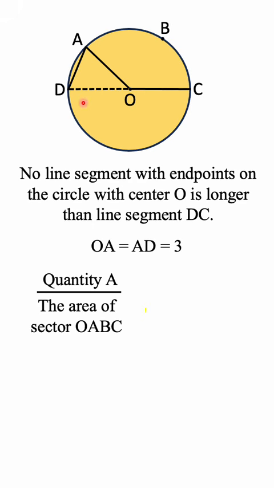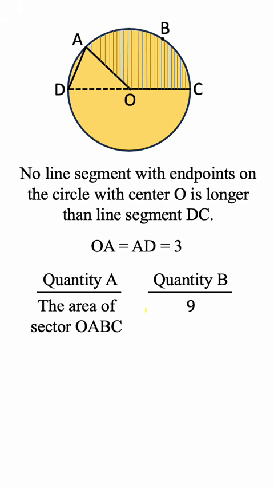Now we want to answer this question by comparing these two quantities. Quantity A is the area of sector OABC, which is the shaded region in this circle, and we compare it with quantity B, which is the value 9.